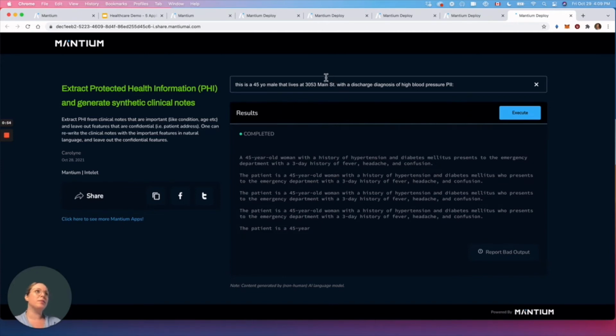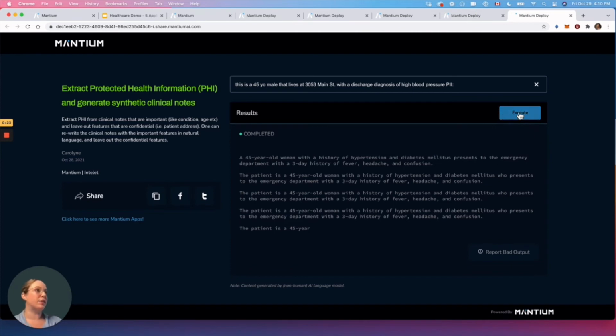And in this case, we excluded PHIs like address, so that when these synthetic clinical notes are generated, they do not include the address of the patient. So we have a 45-year-old woman with a history of hypertension, diabetes, and it talks about the high blood pressure, but it does not include the address.